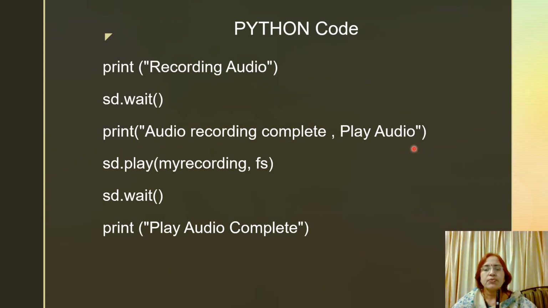Play audio" will be displayed, and then the sd.play command will play this array of audio samples. This is the NumPy array of audio samples, and the sampling frequency is 44.1 kilohertz. Then it will again wait for 3 seconds, and the message "Play audio complete" will be displayed. In this way we complete our simple program of recording and playing the audio signal.